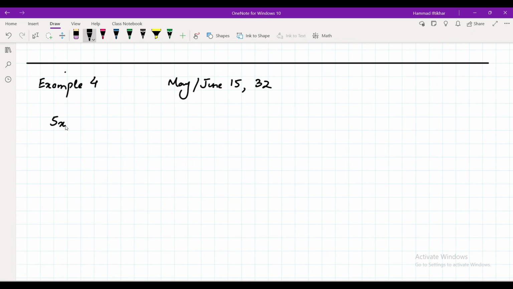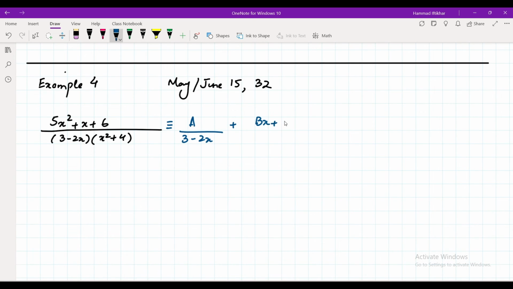So 5x squared plus x plus 6 divided by 3 minus 2x times x squared plus 4. Now, since this is a quadratic factor and we cannot further factorize this quadratic factor, this would become a over 3 minus 2x plus bx plus c divided by x squared plus 4.